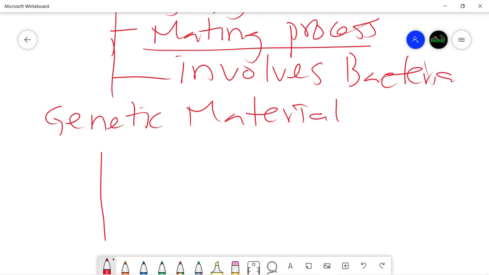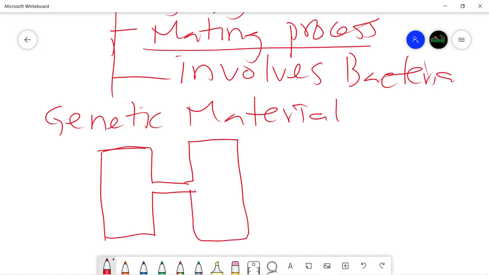Now this physical contact, suppose these are two bacteria, involves a special tube made of protein which connects the two bacteria. And this tube acts as a channel, a passage, a gateway between the two bacteria, and this particular tube is known as F pilus or sex pilus.